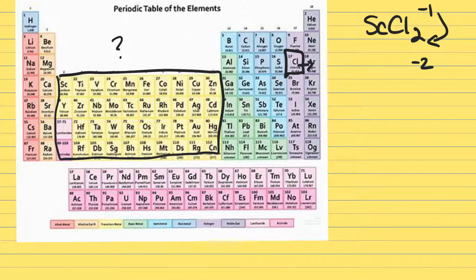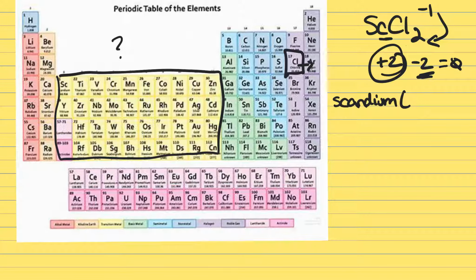If that is the case, for the whole compound to equal 0, this one scandium has to have a charge of +2. So when we're writing the name of this compound, we will simply write scandium, the charge of scandium is 2, so Roman numeral II, chloride. And that will be the answer for this problem.